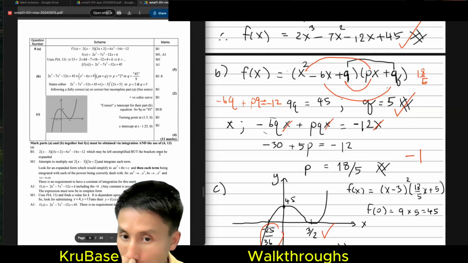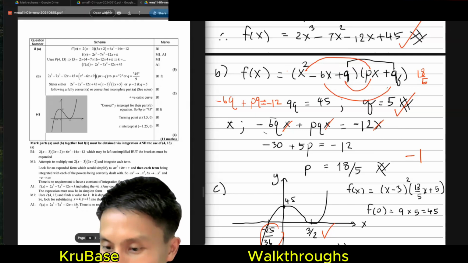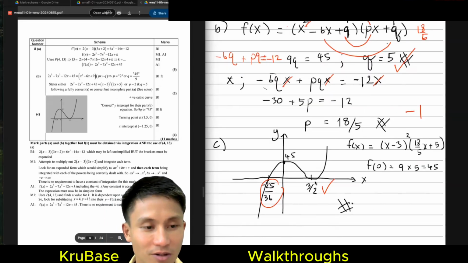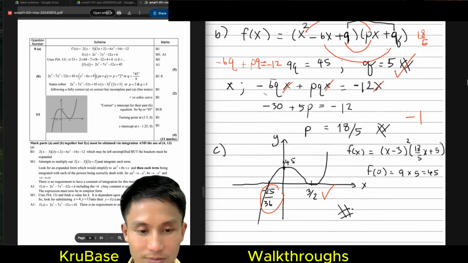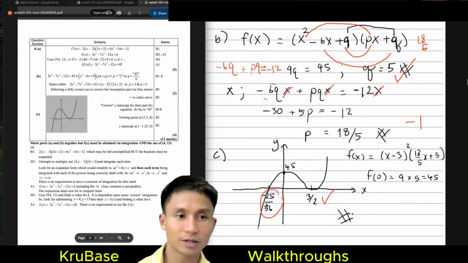And yeah, let's see. Do I get a follow through here? Because I just divide my answer earlier by 2, right? Wait, hang on. Yeah, because this would have been Q over P, right? Yeah.